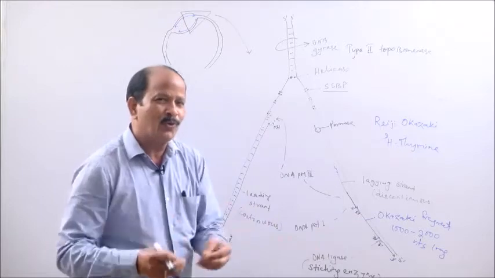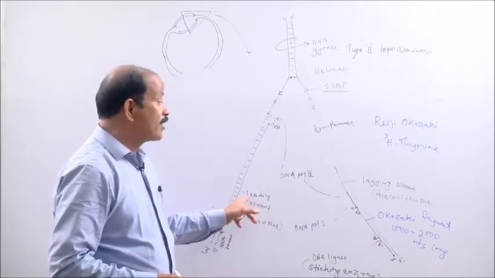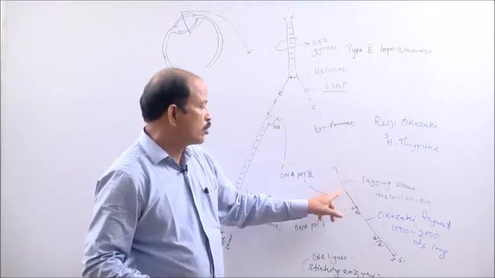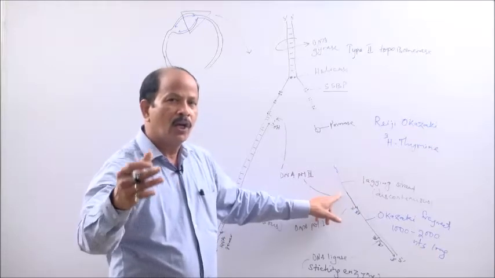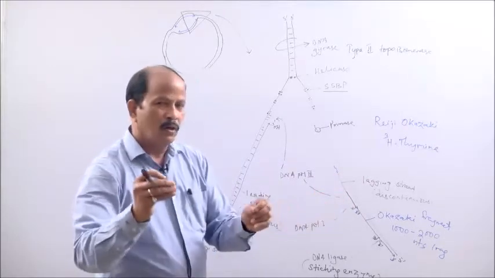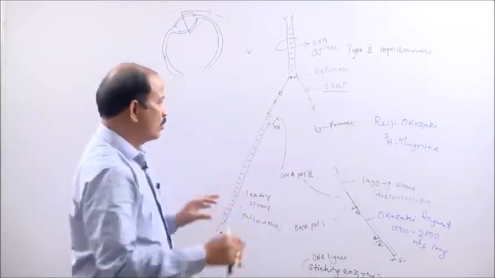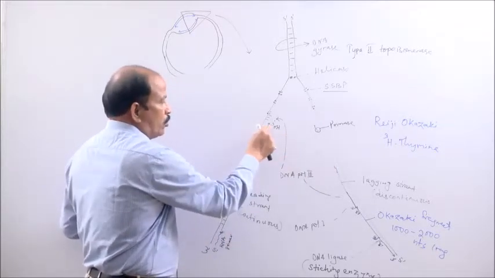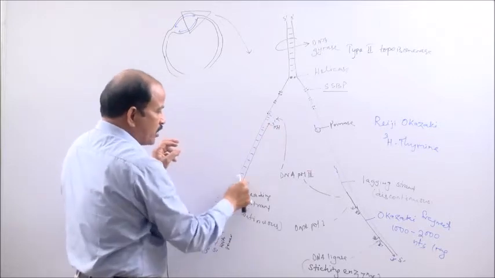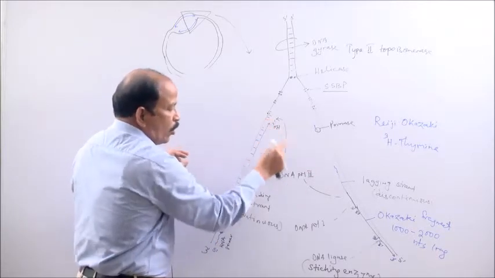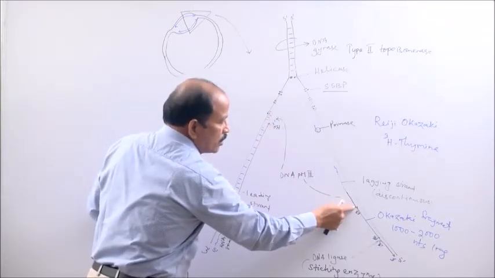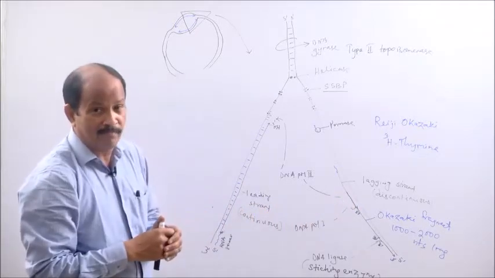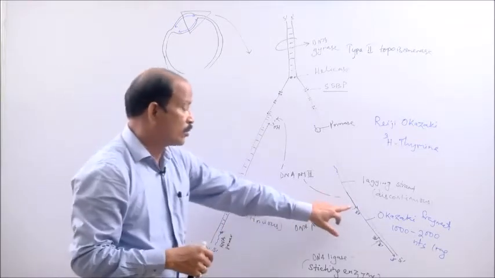But other terminology is there: it is called the leading strand. The discontinuously synthesized strand is called the lagging strand. The meaning is, it is a growing end. If you look at both the strands, the 3'-OH end of this leading strand is much ahead of the 3'-OH end of this lagging, discontinuous strand.